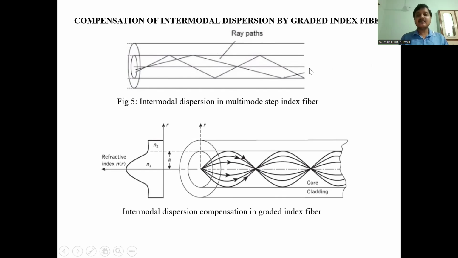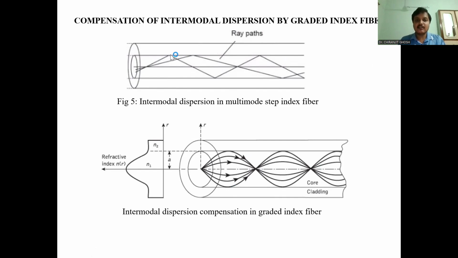So the intensity becomes very small in a multimode step index fiber, because as the length increases, the ray intensity gets lower. On the other hand, in graded index fiber, only the extreme rays, only the highest order ray, touch the cladding boundary. All other rays are concentrated within the core, so they do not suffer the intensity loss.